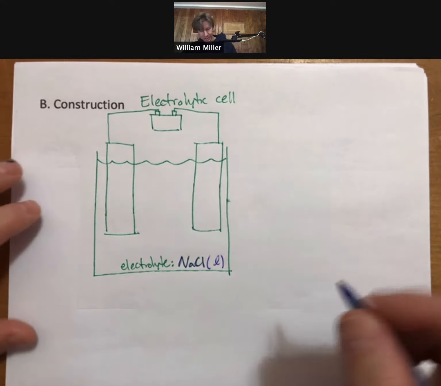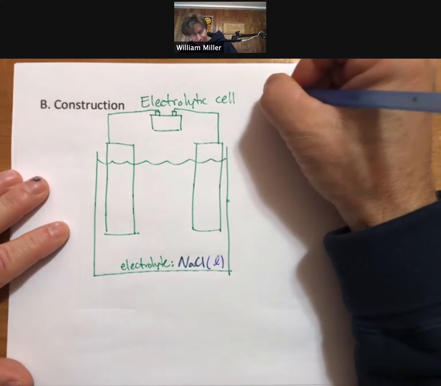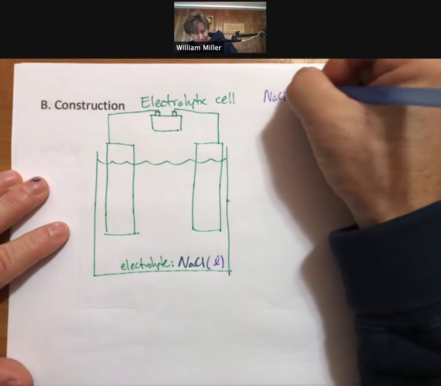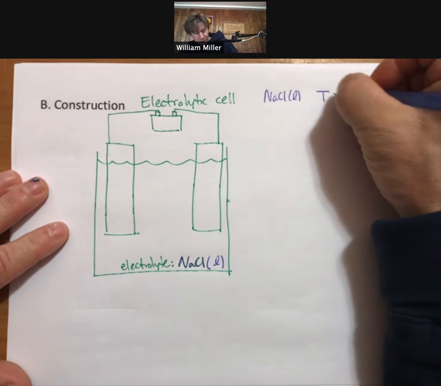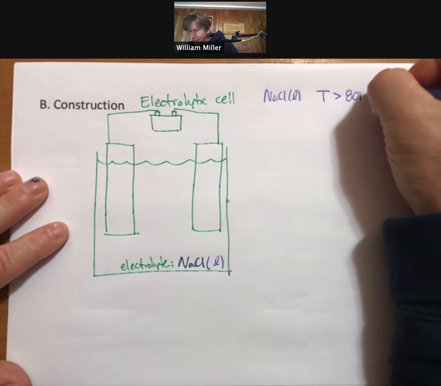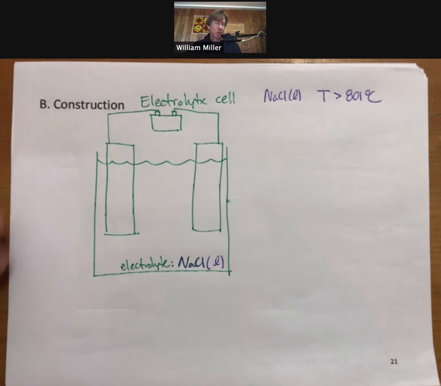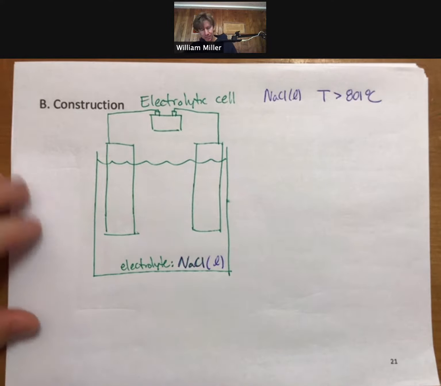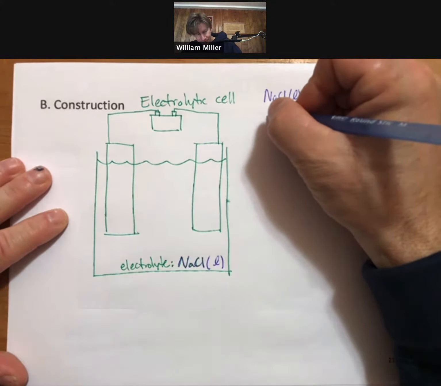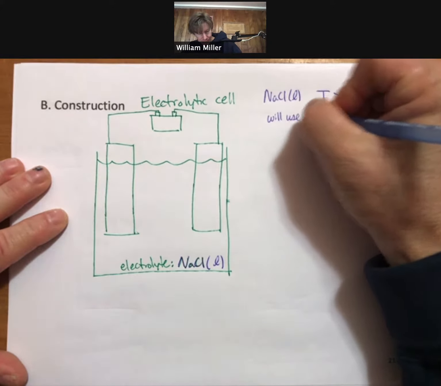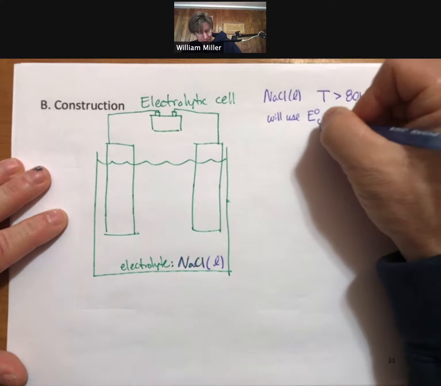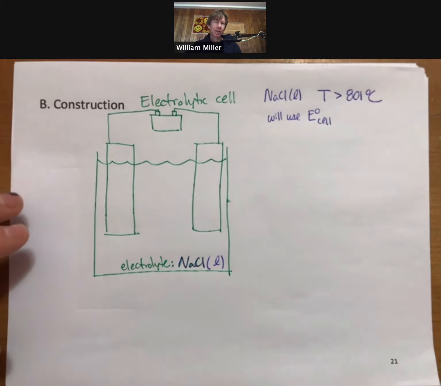First off, this electrolytic cell for sodium chloride liquid has to have a temperature above 801 degrees Celsius, so we are at non-standard conditions. However, we will use standard cell potentials, E0 cell. Even though we're not under standard conditions, this is an approximation, but it turns out to be a good one.